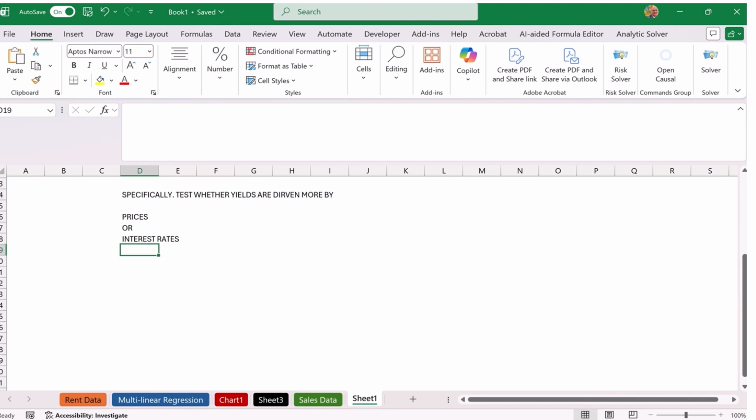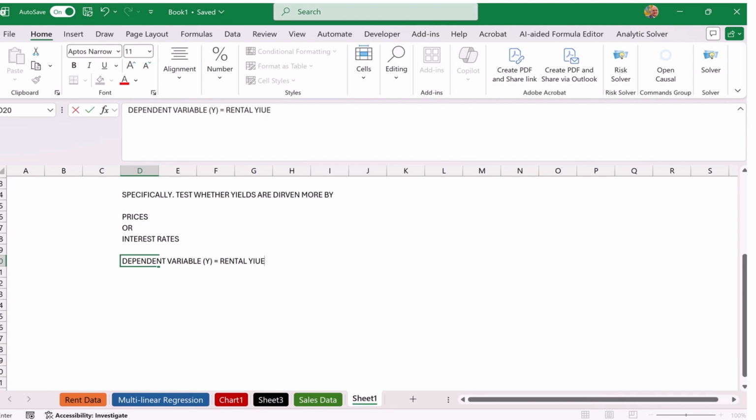Now, let's focus our attention on the data that I have and the method that was followed in this multilinear regression. The dependent variable, or Y variable, of course, is the rental yields.